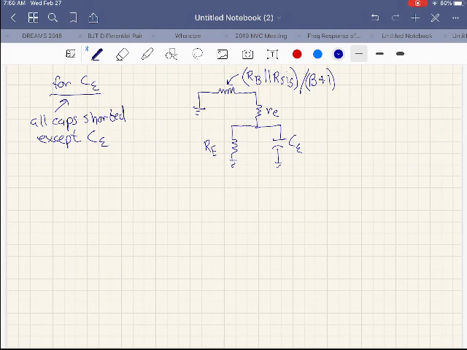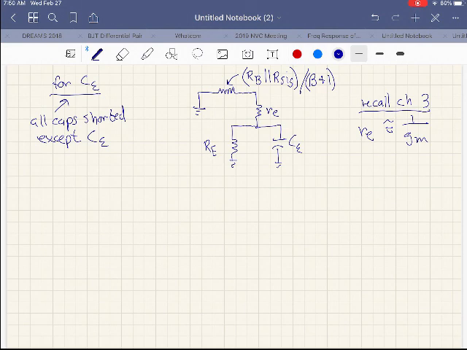What else do we have here? Little re. Recall, again, this is chapter 3 stuff, both of these actually. Little re is approximately equal to 1 over the transconductance, which is given.